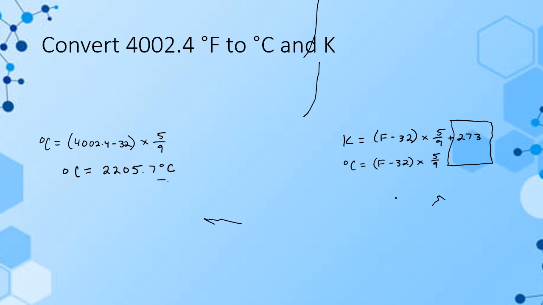And then to take it to the Kelvin, all we must do is add the 273 that we see here. So we will take our 2205.7 and add 273 to that total. And so the Kelvin temperature would equal 2478.7.